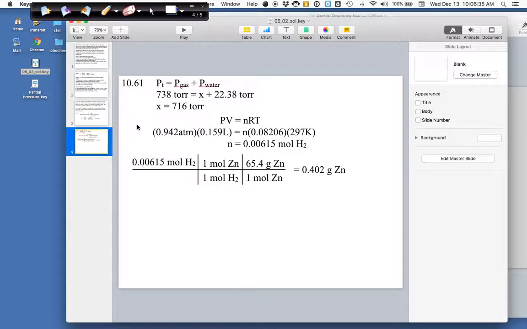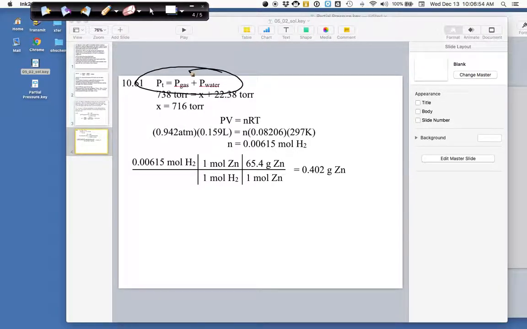And then, guys, moles of hydrogen relative to moles of zinc is actually a 1-to-1 ratio, because the question says how much zinc did you react? And so this tells us the moles of hydrogen. Dimensional analysis allows us to convert to moles of zinc. But again, the only way that you could have solved this is by understanding Dalton's law of partial pressures, and specifically how that applies to collecting wet gases.